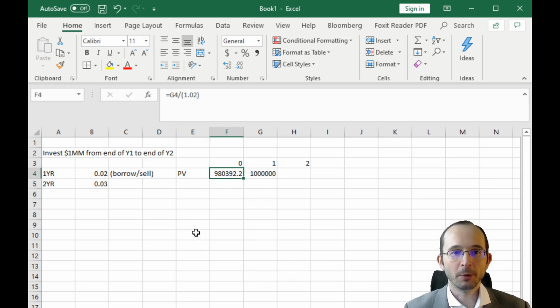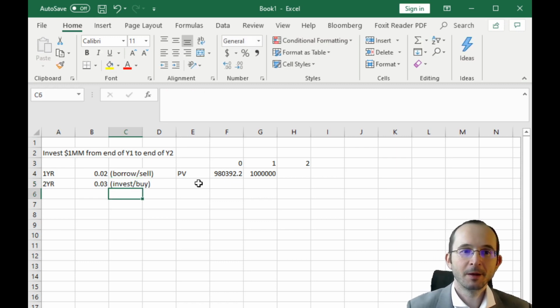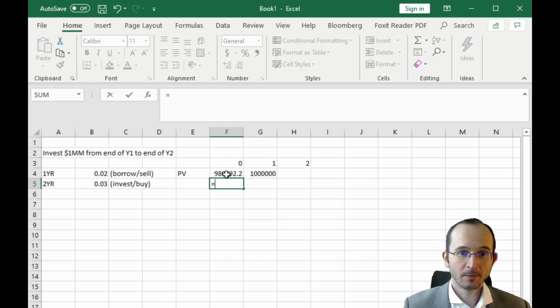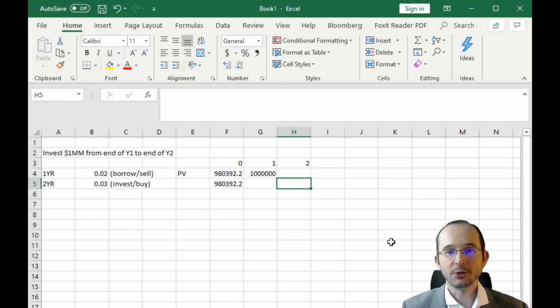That's what we can borrow in year 0, and let's then invest or buy the 2 year zero coupon at that 3% rate. So if we invest 980,000 in the 2 year zero coupon, what are we actually going to have in 2 years' time?